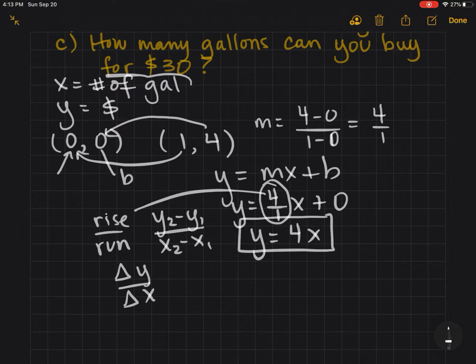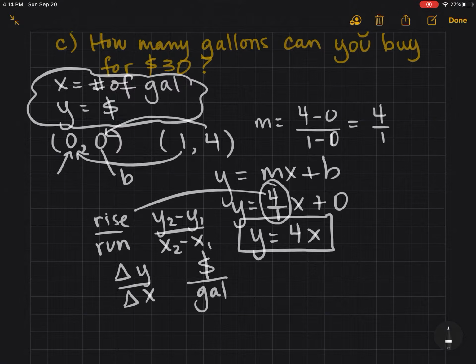But we can go back to how we define the problem and say, what does y represent? It represents the money, and x represents the amount of gallons. So this really is saying the price per gallon. Remember, the fraction bar is our per.